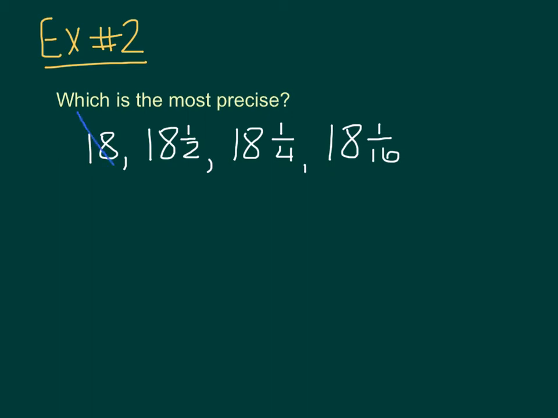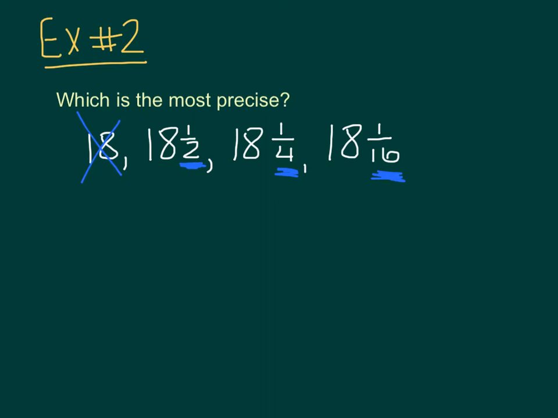So we know it's not going to be the whole number. When it comes to fractions, I know it sounds a little bit tricky, but the bigger the denominator, the smaller it is. Okay? So let's just try this out.